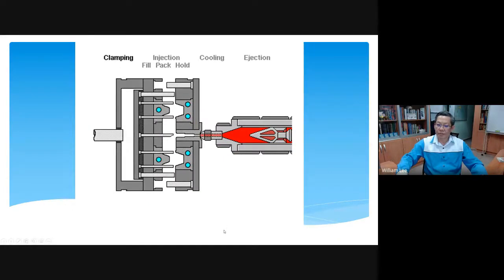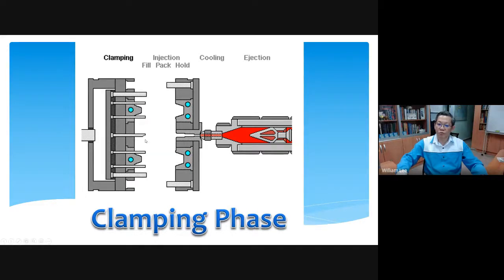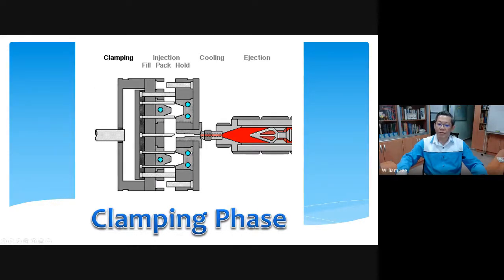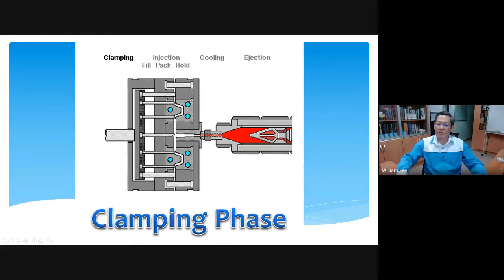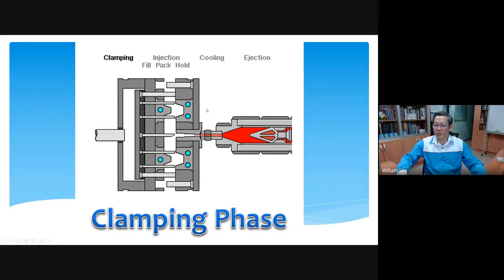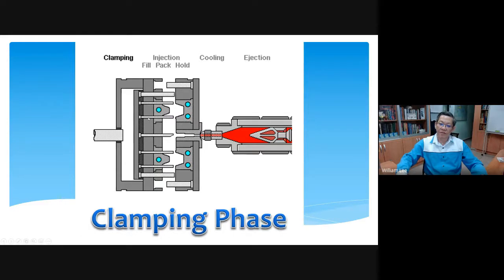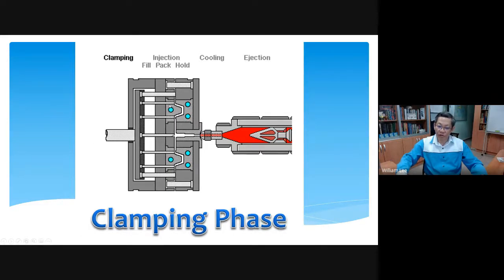Okay. So during the clamping phase, you can see that the mold is divided into 2 halves. On your right hand side, this is called the fixed half. The fixed half means this mold is attached to the injection side, which is nearer to this nozzle and this barrel. Whereas the other half is called the movable half.